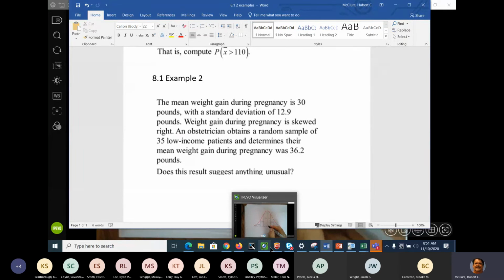So that's going to be 30, and that's going to be 42.9, and that's going to be 55.8. Somebody check my math. And that's going to be 68.7. Somebody check my math, please.